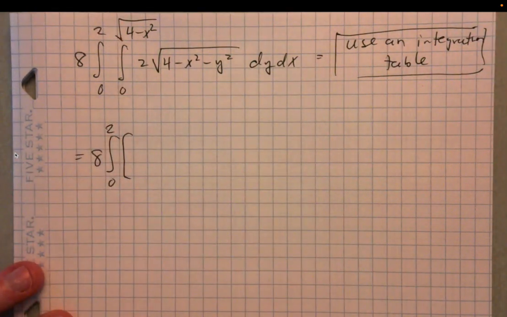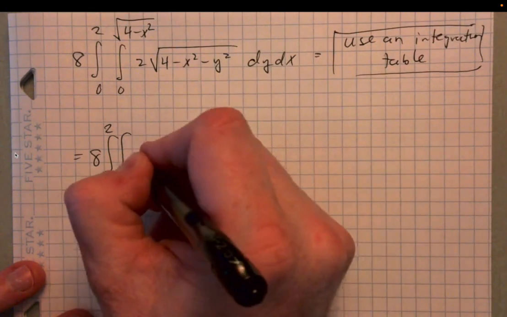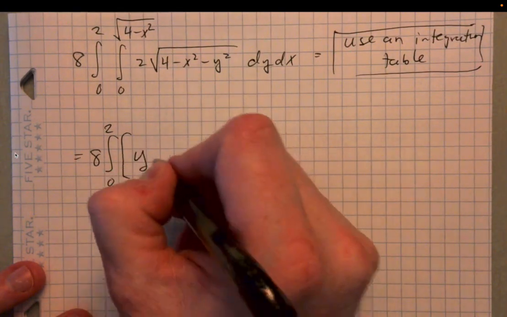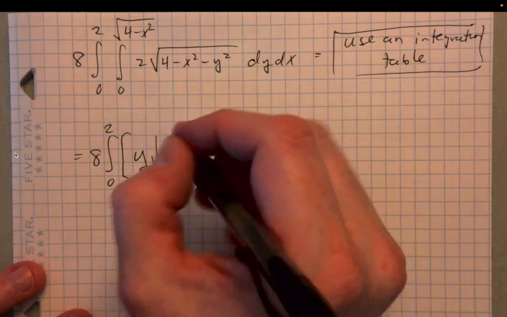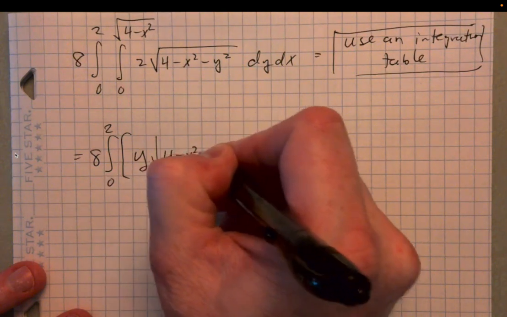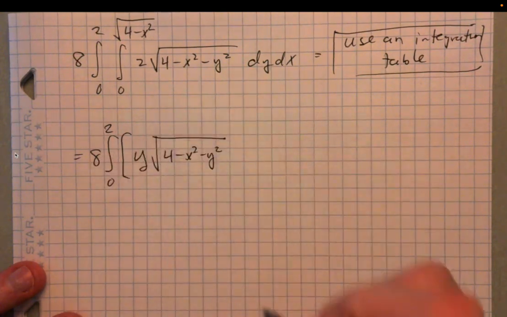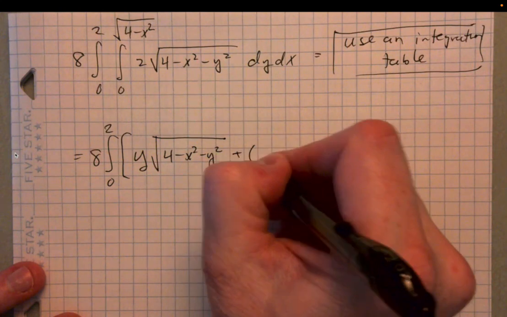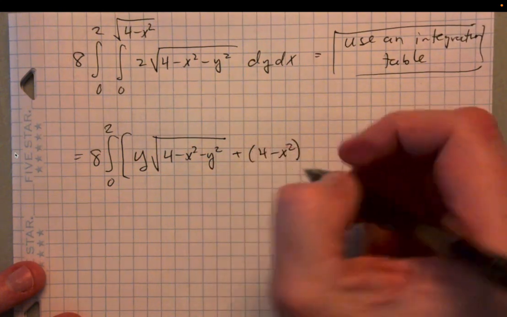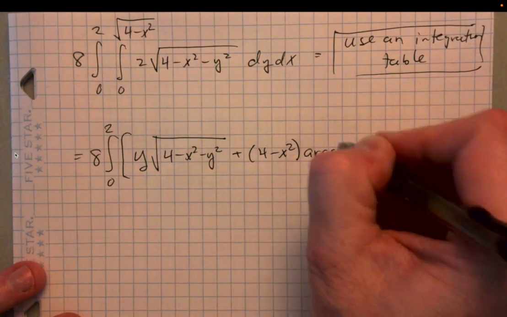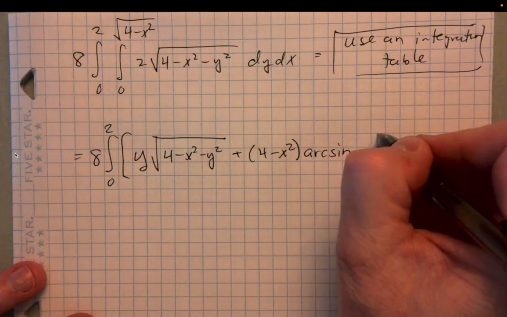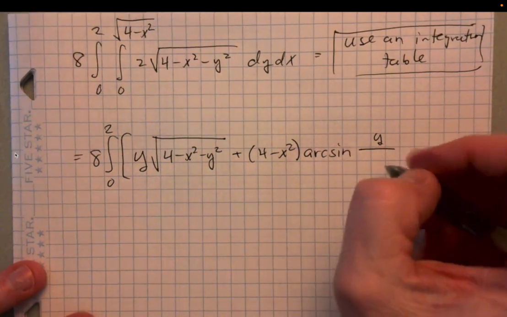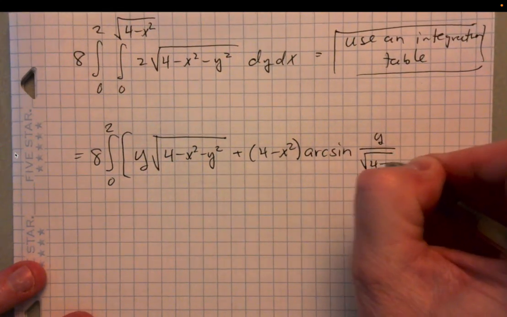So when I integrate with respect to y here, I'm going to get y times the square root of 4 minus x squared minus y squared, plus 4 minus x squared times the arc sine of y over the square root of 4 minus x squared.